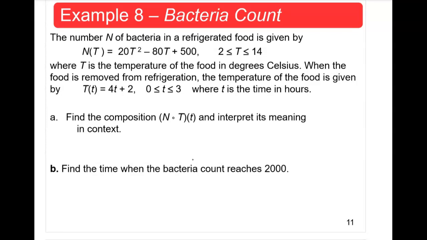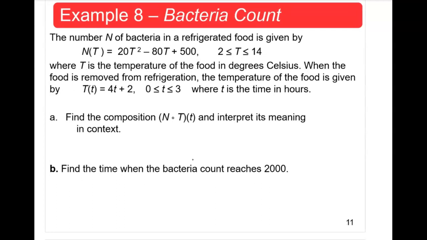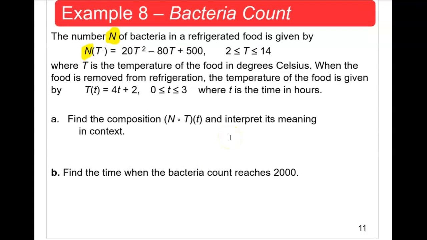So we have the number N, capital N, of bacteria. And if you notice, N is the actual name of the function. So instead of using f of x, we're using N of T. And here we have capital T and lowercase t.